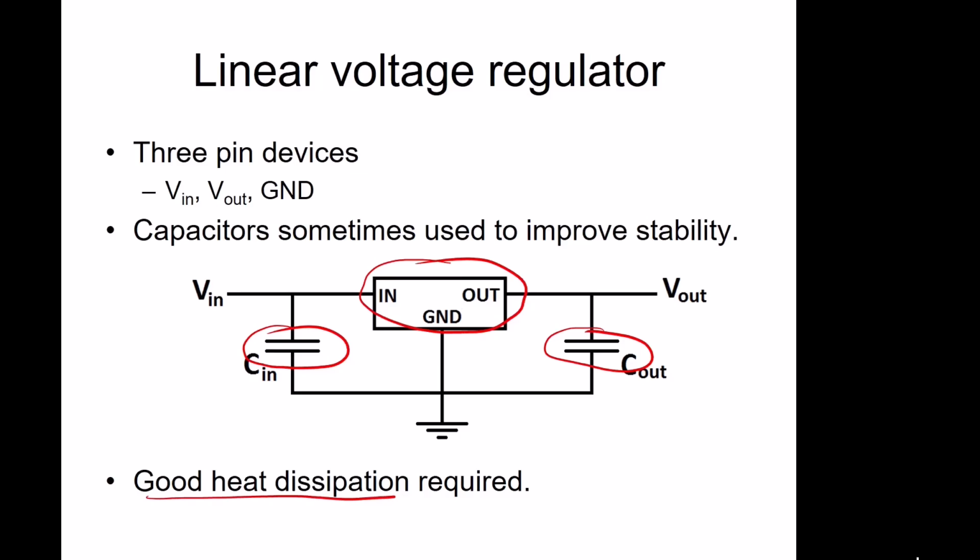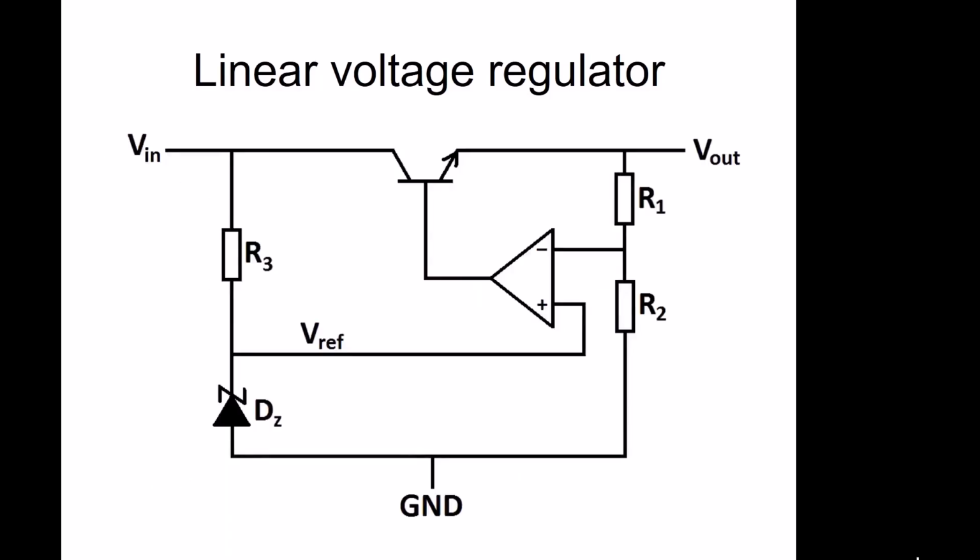In terms of how they work, this would be a typical circuit for a linear voltage regulator. What you have is an input voltage, so we will say that is 10 volts, for example. We've got a potential divider circuit here going to ground, so we've got 0 volts here.